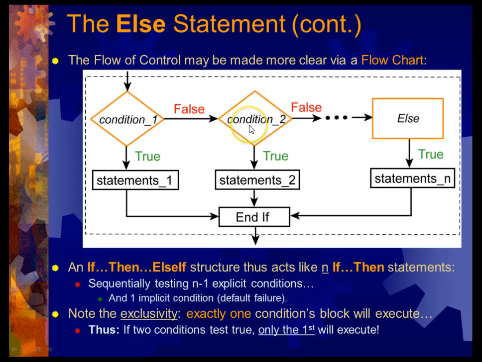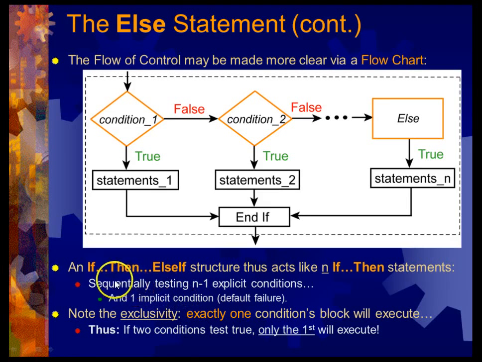Even though this is true, suppose this is true, this won't get run, right? So that's what he means. Note the exclusivity. Exactly one condition's block will execute. Thus, if two conditions test true, only the first will execute. Okay? Any question about that?